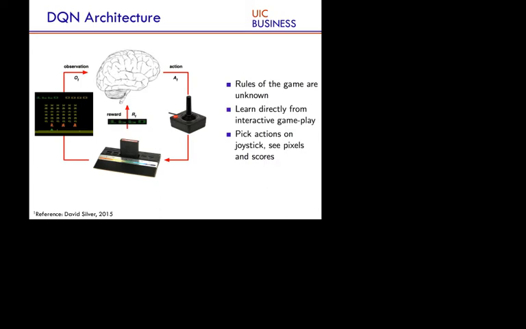The agent needs to learn directly from interactive gameplay how to play the game really well. And what is the instantaneous feedback that it gets? It's the scores, which are seen as pixels, appearing at the top of the screen. So this is still the RL environment: you have a state and a reward, and you get to enact actions, so that has a feedback loop.